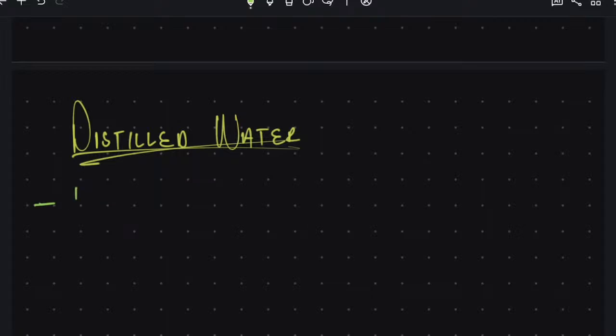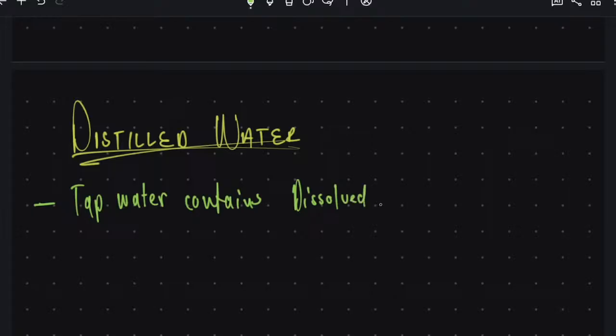Right. Tap water contains dissolved ions, dissolved salts, and other impurities.